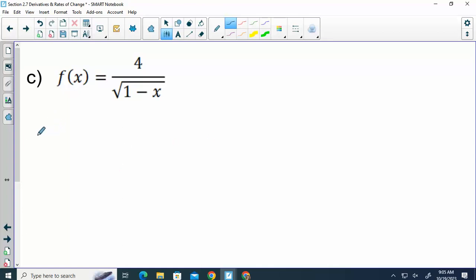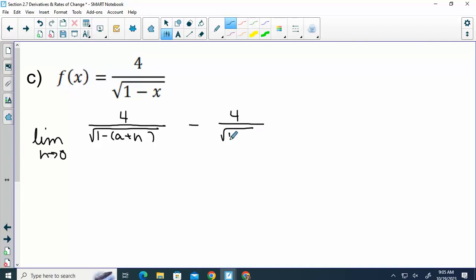I want the derivative. So the limit as h approaches 0 of f of a plus h, 4 over the square root of 1 minus a plus h, minus f of a, all over h.